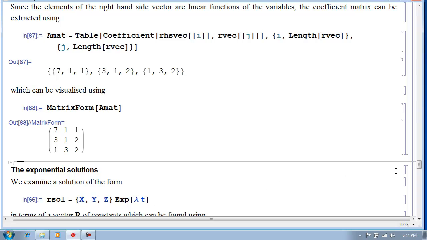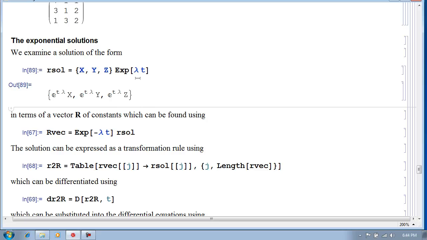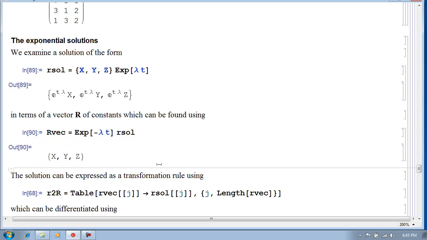Well, what we do is we assume a solution of the form of a vector of constants times the exponential of some variable lambda times the independent variable. So let's take that solution there, and we can extract these coefficients by using this, and we can express the solution as an assignment rule using this.